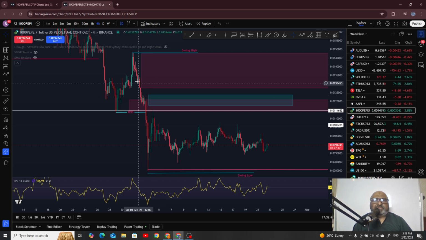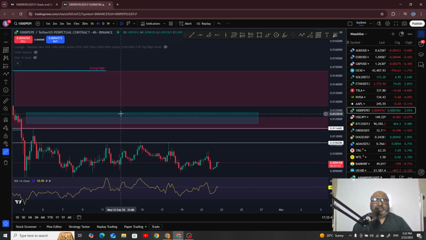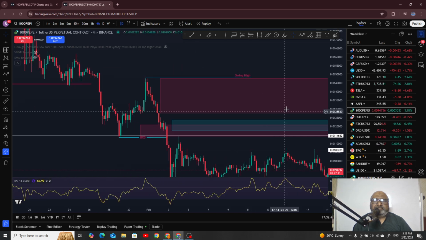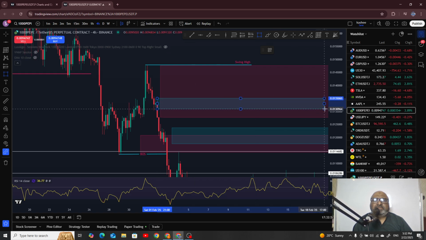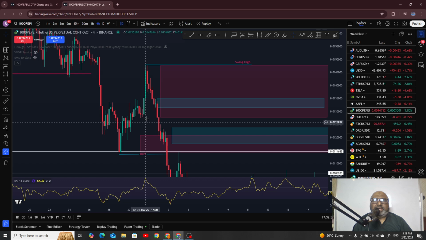This is very strong area. This is again very strong area where the market can come on the 4 hours time frame, because we have a huge fair value gap after this.